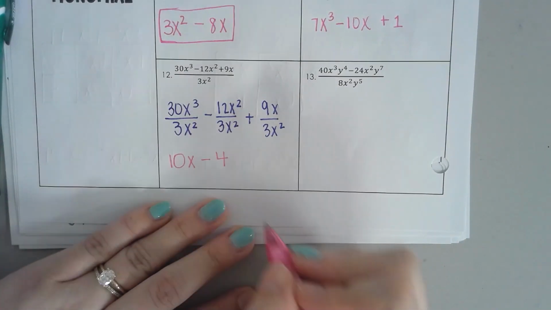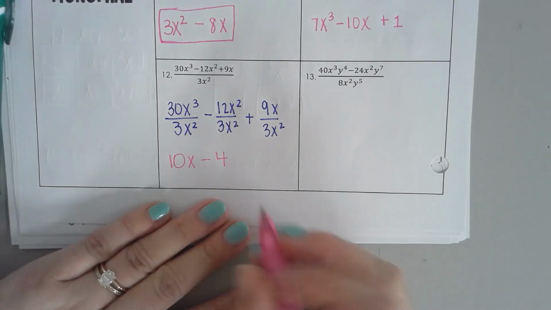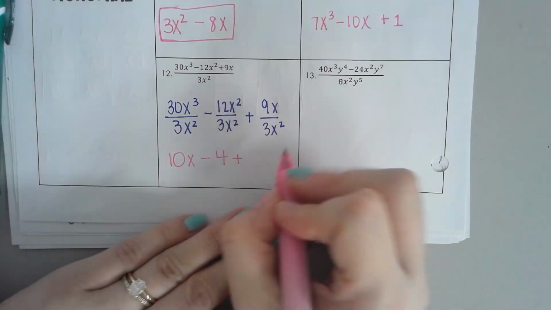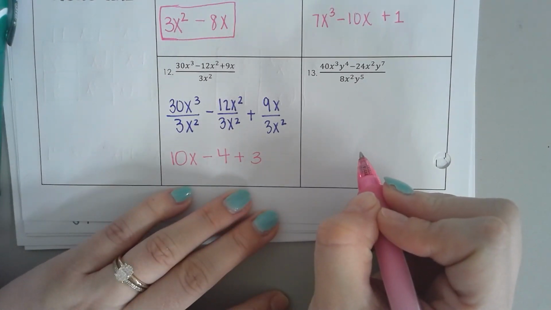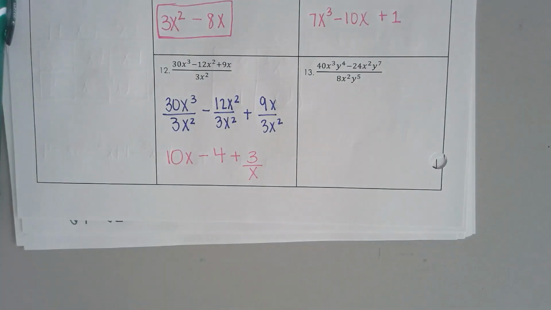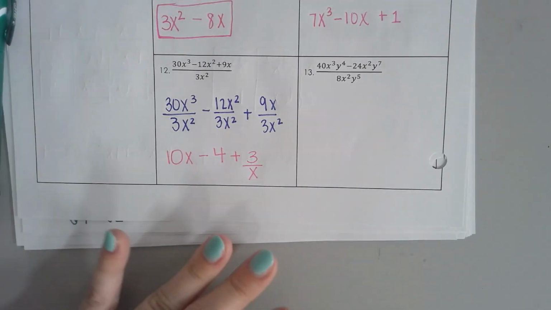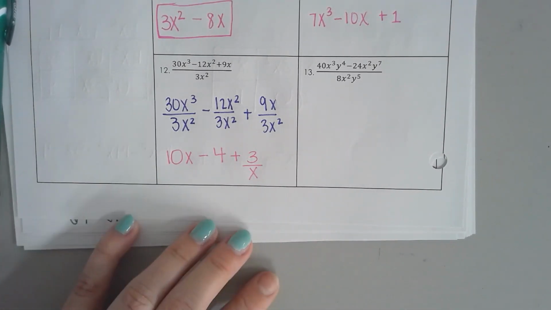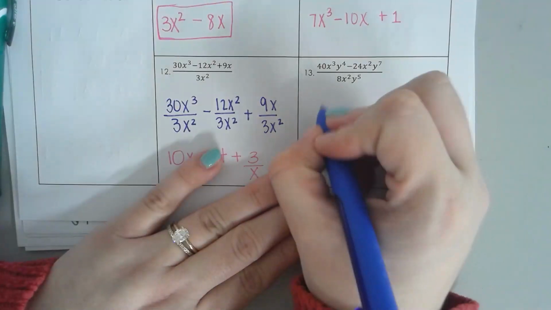How many x's am I left with? None. They all cancel. Yep. Plus 9 divided by 3? 3. How many x's? 1 on the bottom. So it's 3 over x. Notice on that one, the x squared, there was one more x in the denominator. So I left an x in the denominator. So I basically just had to make it a fraction so I could put an x down there. Okay. And then the last one.